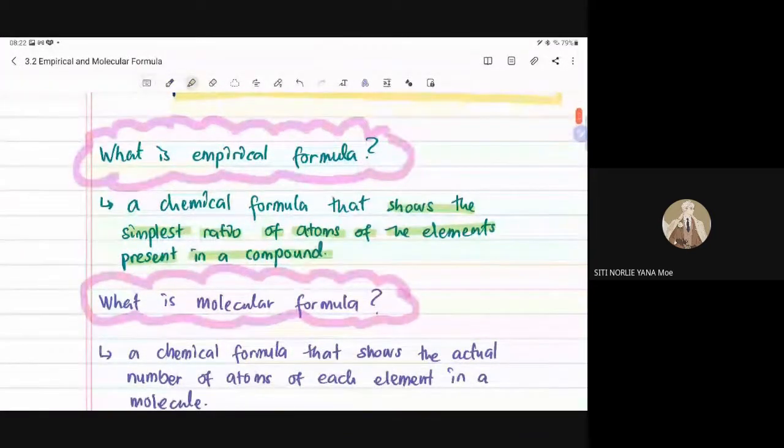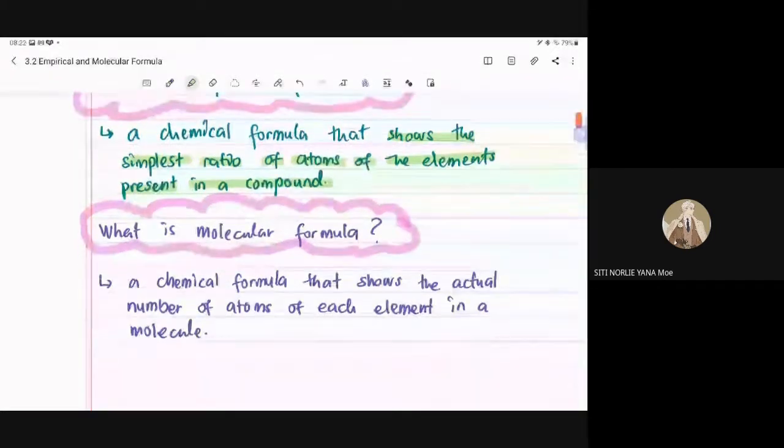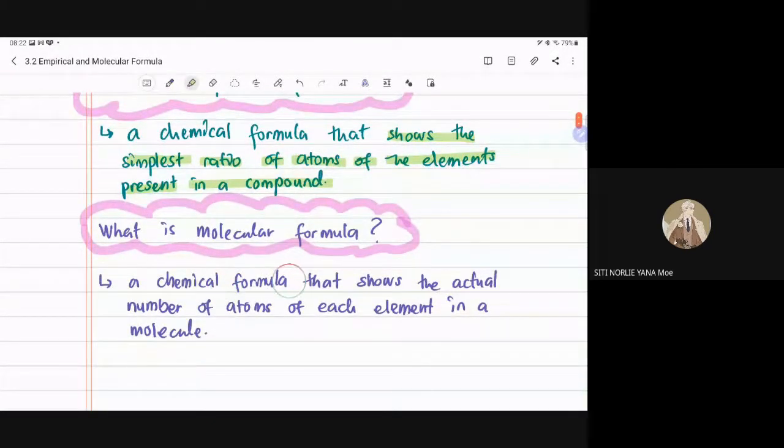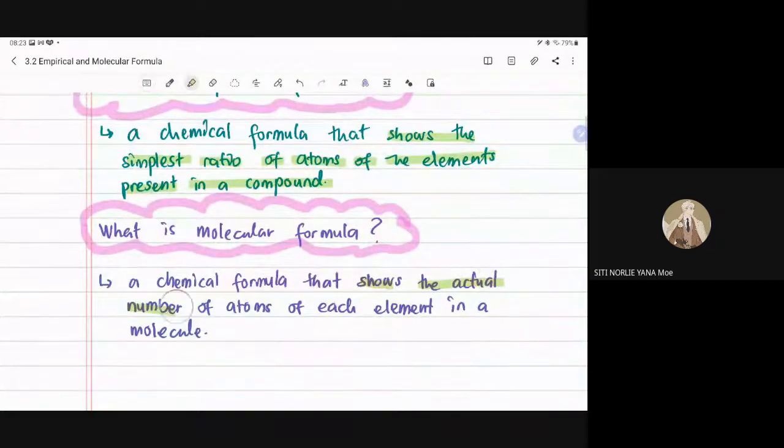Now, with empirical formula, you need to be able to determine molecular formula pula. So we look at the definition of molecular formula. It is a chemical formula that shows the actual number of atoms of each element in a molecule.